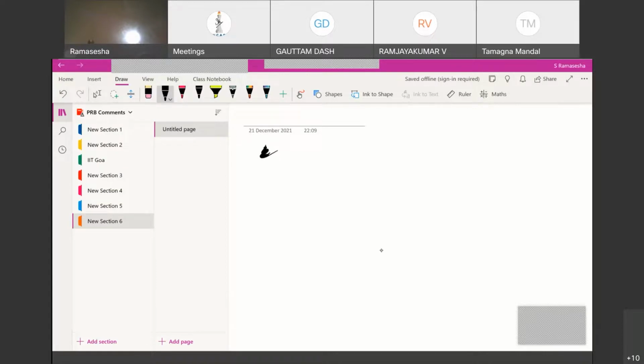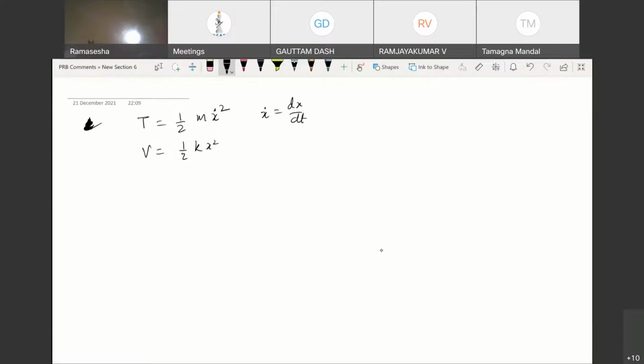Okay. So I have T is equal to half of m x dot squared. X dot is a velocity, x dot is equal to dx by dt. And V is equal to half of k x squared, and that is the potential.